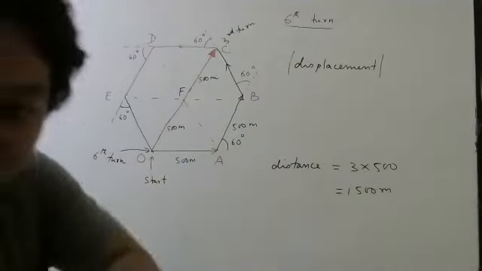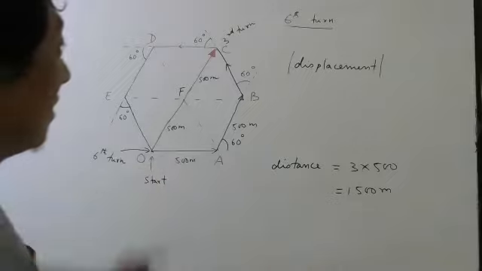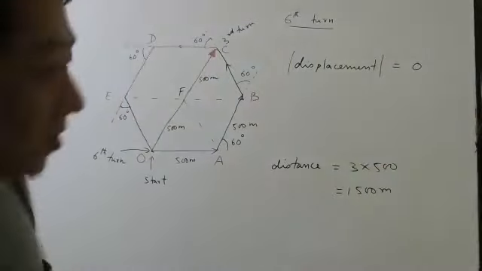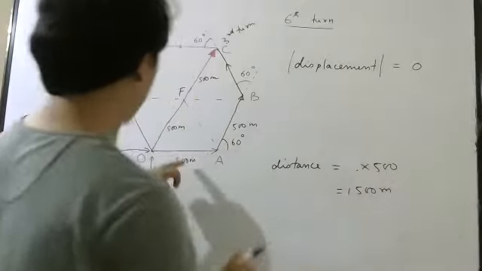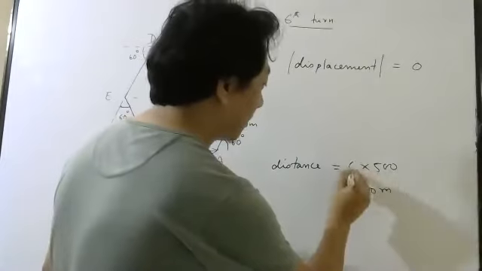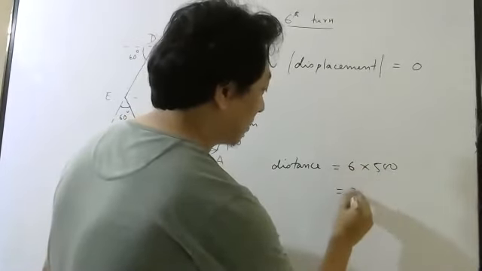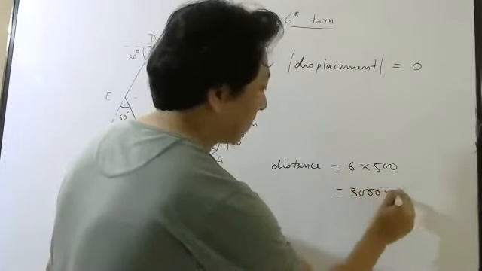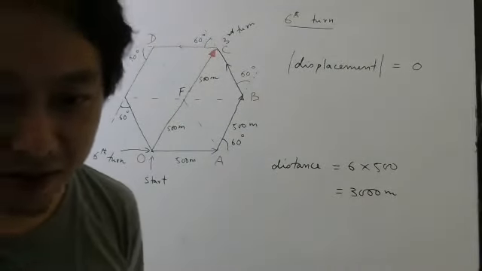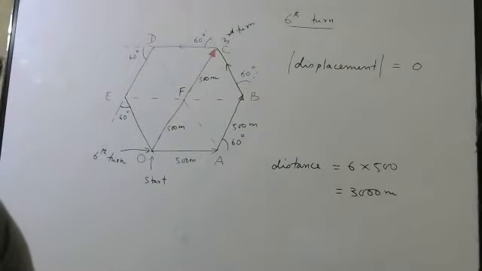So when it makes the sixth turn, it will be back here. What about distance? 500, 500, 500, 500, 500, 500: 6 times 500, which is 3000 meters. As you can see, distance keeps on increasing. Okay, this was easy.